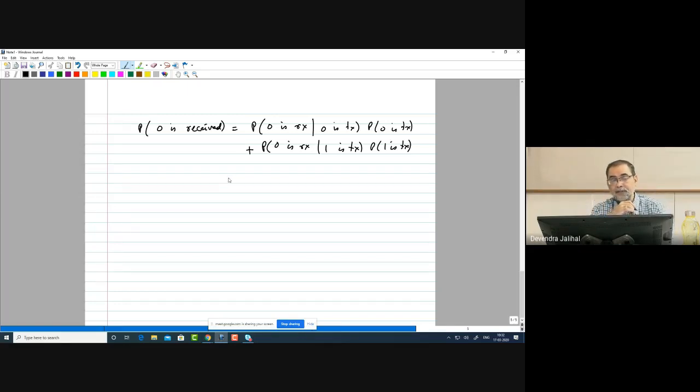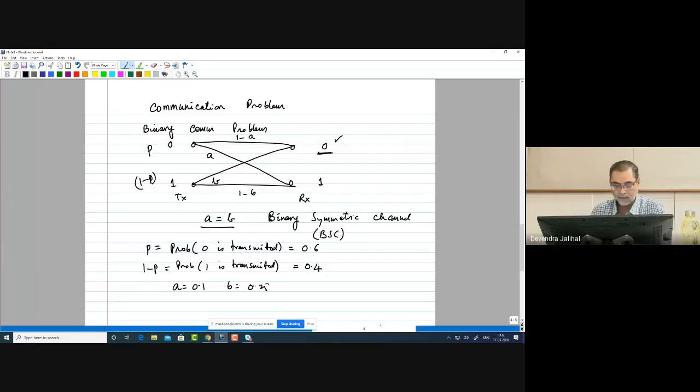In the previous slide, I had assumed that the probability of transmitting a 0 is 0.6. So now we'll ask whether the probability of receiving a 0 also is 0.6 or something else. The probability that 0 is received when 0 is transmitted is 0.9, because A is 0.1, meaning when 0 is transmitted, 90% of the time 0 is received, 10% of the time 1 is received.